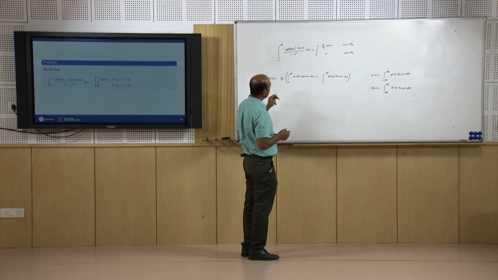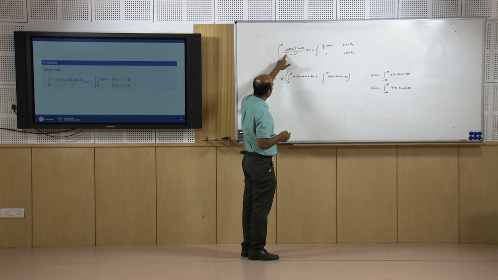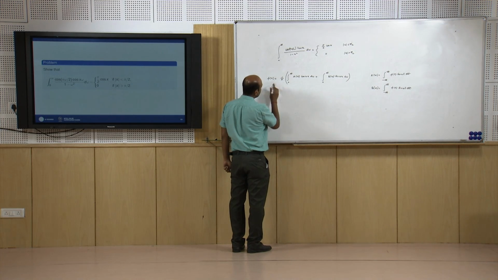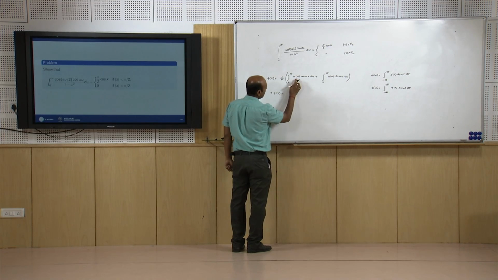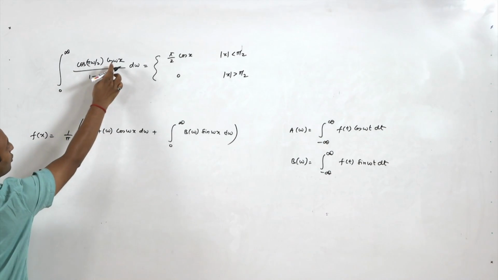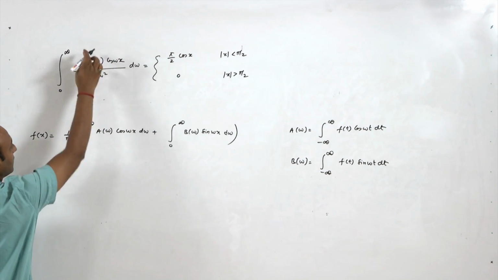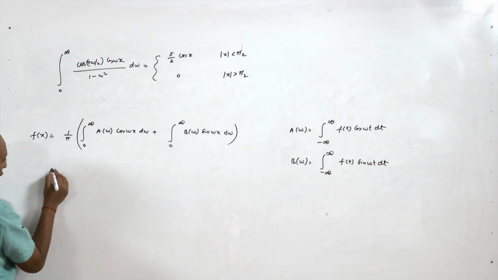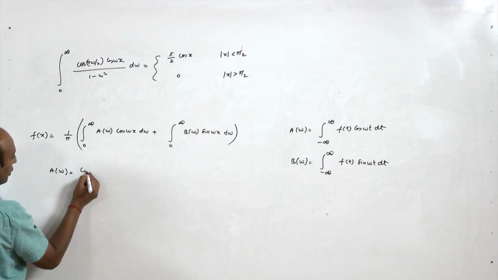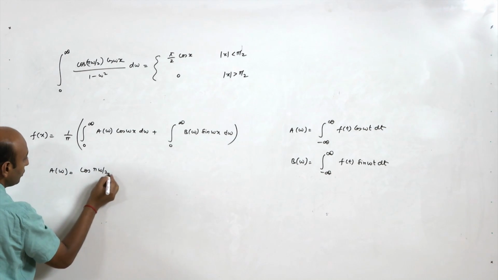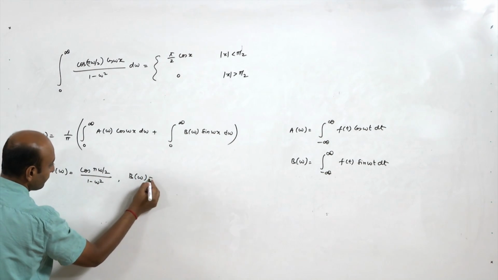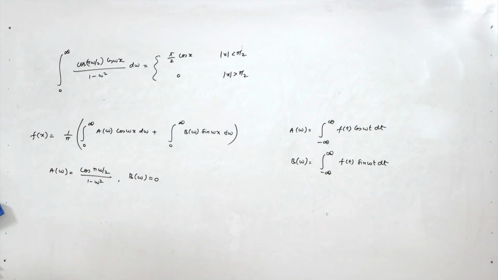Now, if we compare this with this, what will be A(ω)? It is π f(x). If you compare, the coefficient of cos ωx is simply A(ω). So, we can say that A(ω) is nothing but cos(πω/2) upon 1 minus ω squared, and B(ω) is 0, because there is no term of sin ωx.